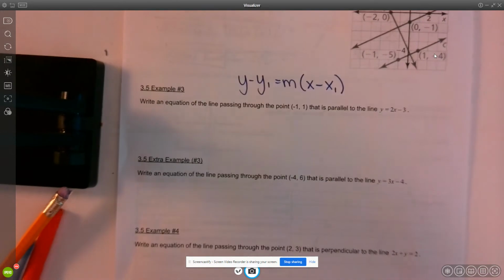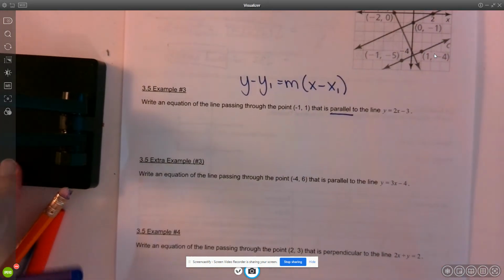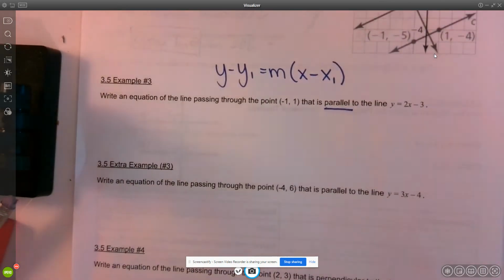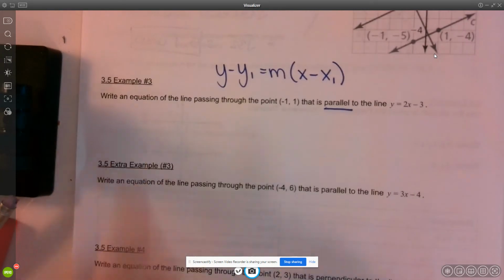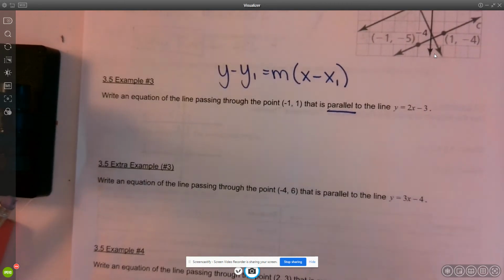We need to write an equation of the line passing through the point -1, 1 that is parallel to the line y equals 2x minus 3. When we're done, we're going to have an equation of this line.